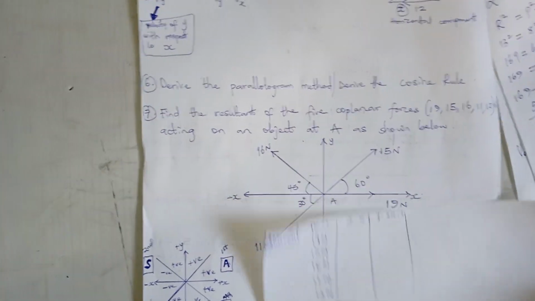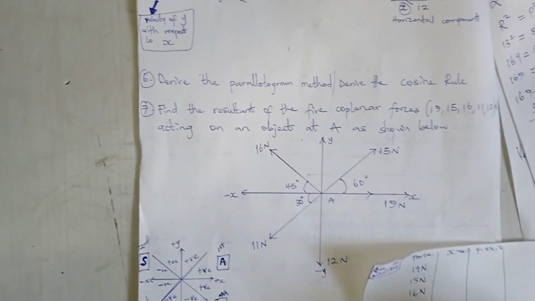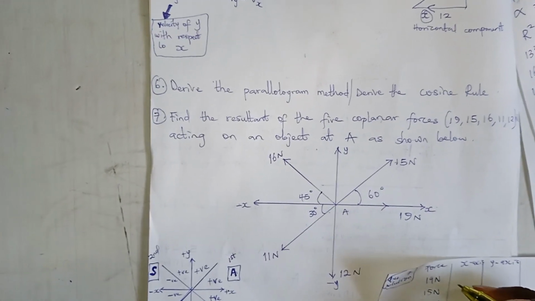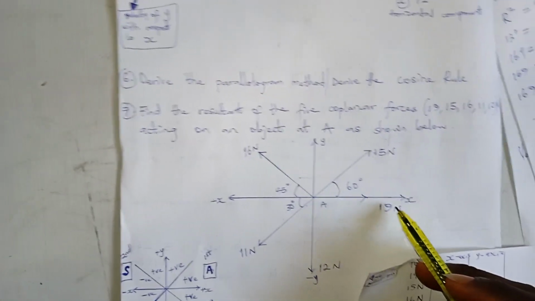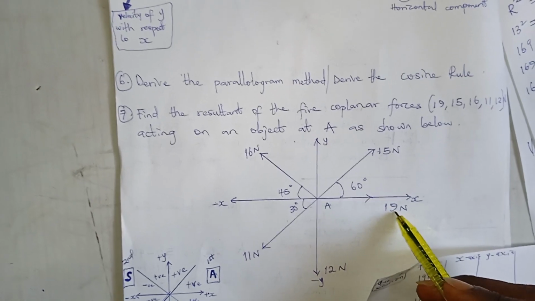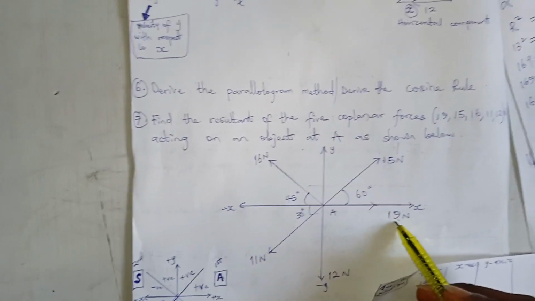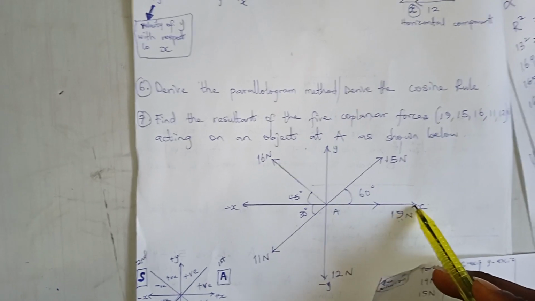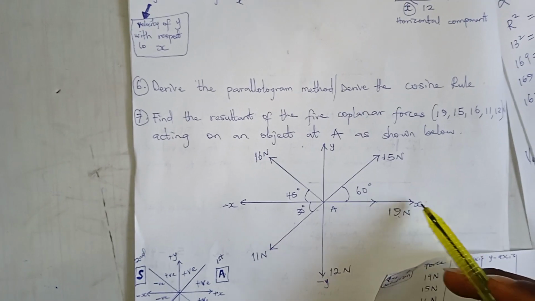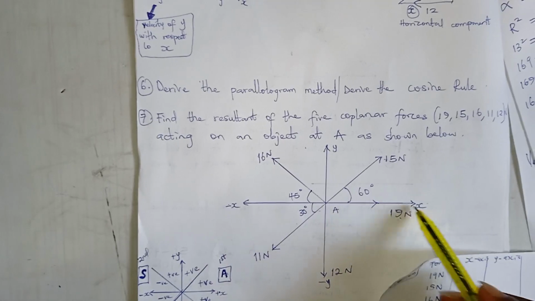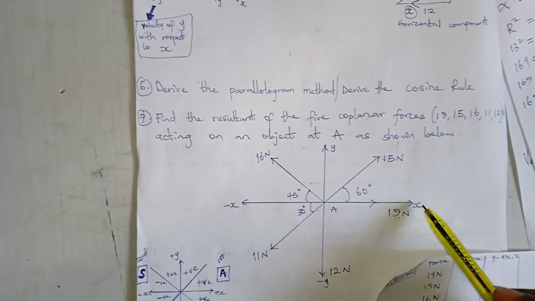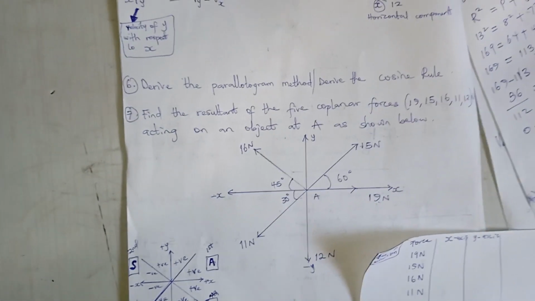Now if I know this, to resolve this, we've drawn it. So notice that the force of 19 is at x. When you are this way at x, you are already on the horizontal plane.